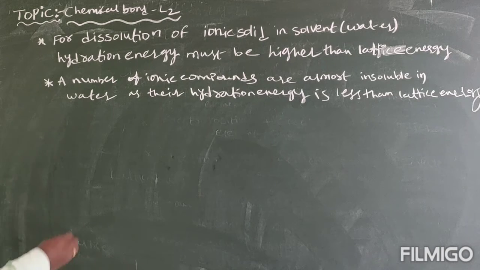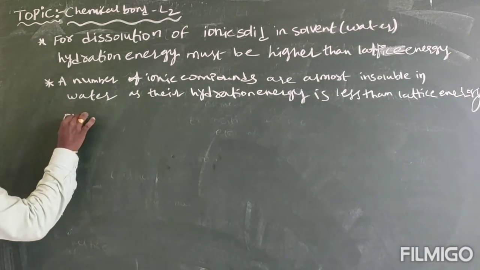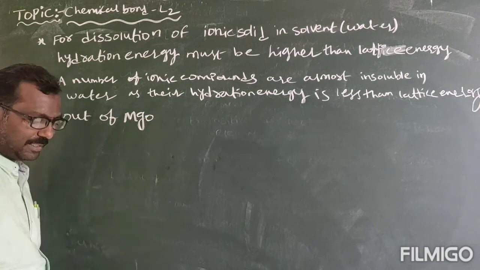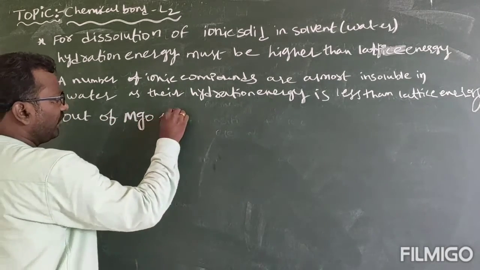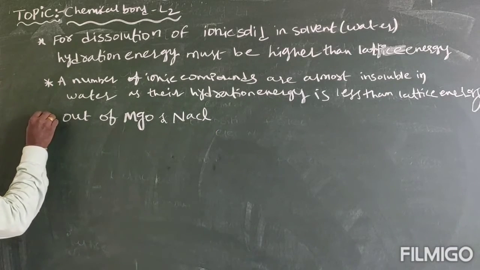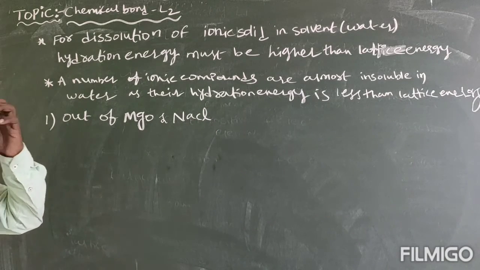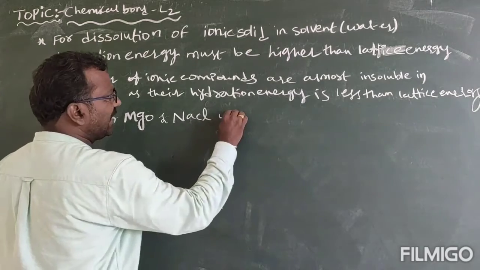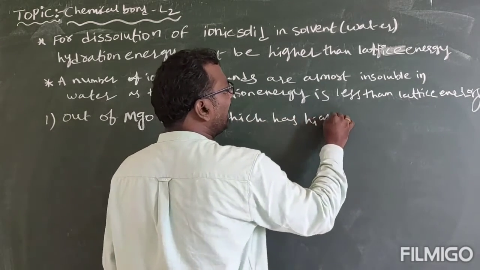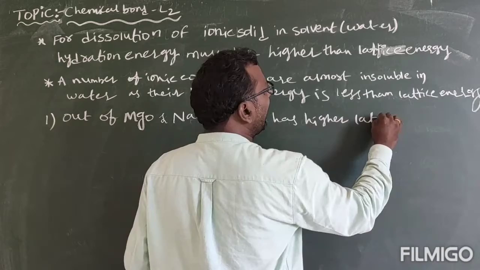Next, in the previous part we had one question. You try to answer this question. Out of MgO and NaCl, which has higher lattice energy?